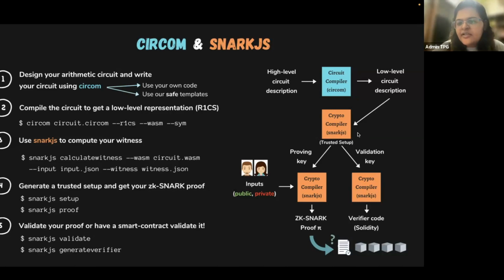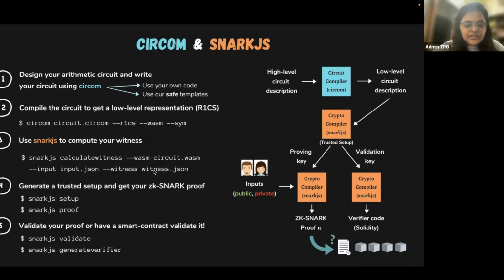Using these files, you take a JS file and import the Snark.js library, and you compute something called a witness. You calculate the witness using the different files you have created: your WASM, and the input.json, which is actually the inputs you will be sending.